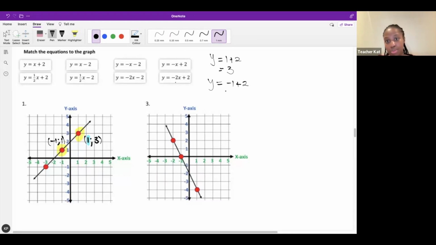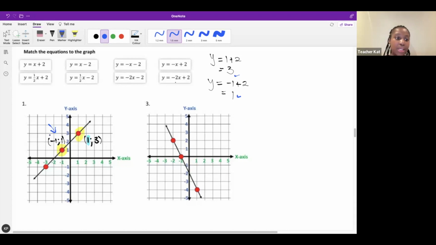What's -1 plus 2? What does that equal? 1. Is that correct? Is that the coordinate we wanted? Yes, it is. Look carefully. Remember, this was the original point. I just substituted -1 and I got 1.